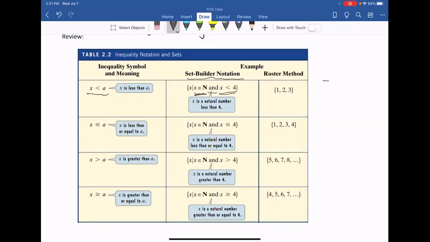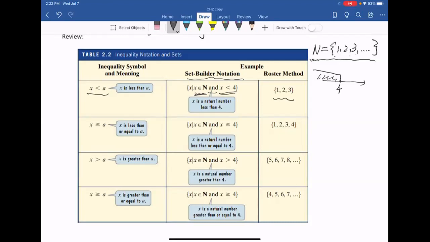If you draw a number line, first remember N equals 1, 2, 3, and so on. So X needs to be in the natural numbers N and also less than 4. 4 is not less than 4. So the raster method is 1, 2, 3. I think this kind of question was shown in previous examples.